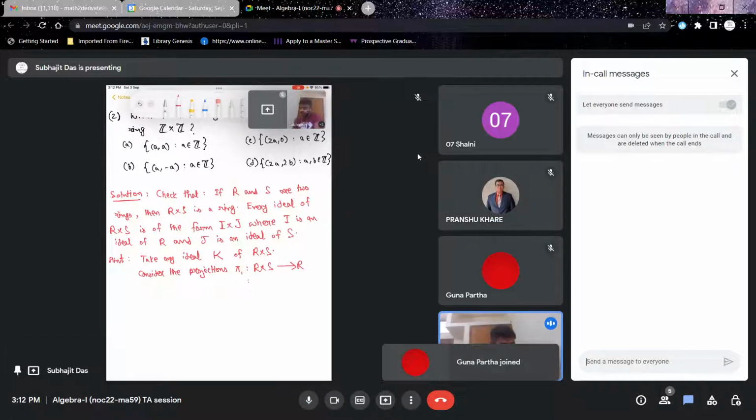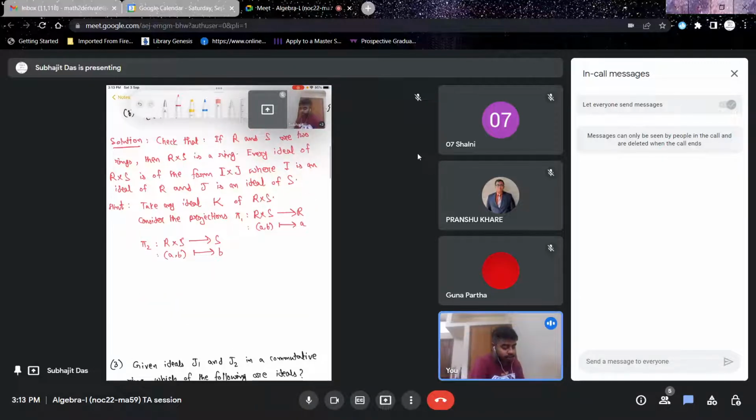It just takes little a comma little b onto a, right? And we have one other mapping pi 2 of R cross S into S, which takes a comma b onto b, right? These are the canonical projections. They are ring homomorphisms clearly. And what you do here is you just consider these projections and consider the images.